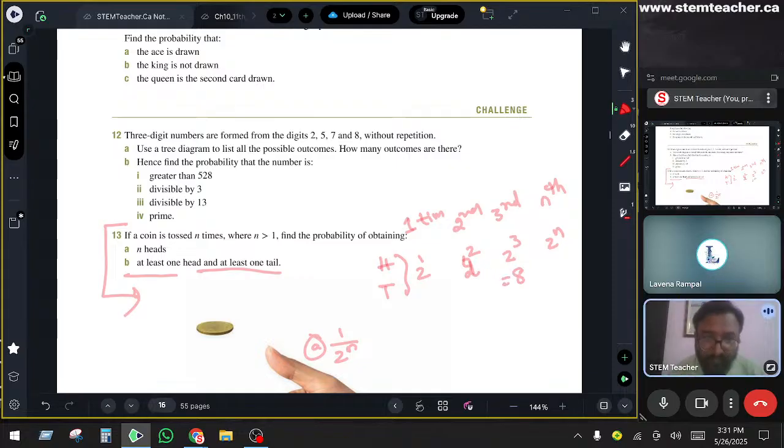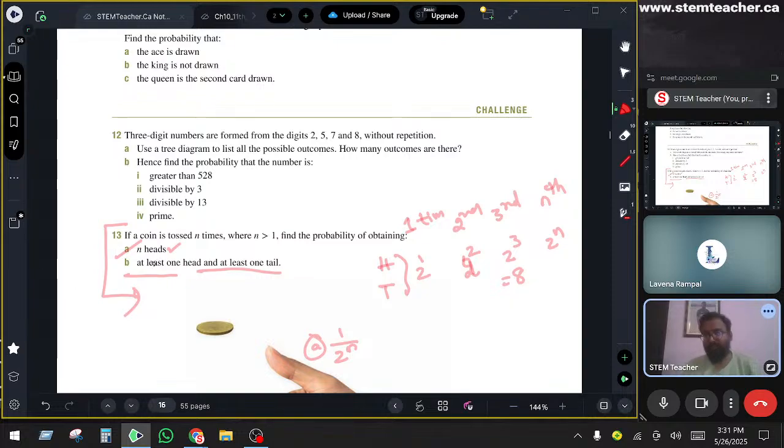Oh, 8. That makes sense: each outcome has two more, so it will be two power. And all heads, n heads, means only the top branch, head. So that is the possibility for A.